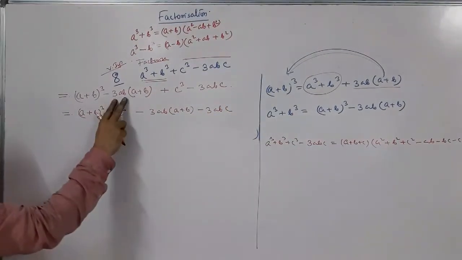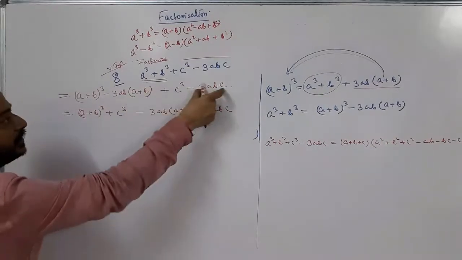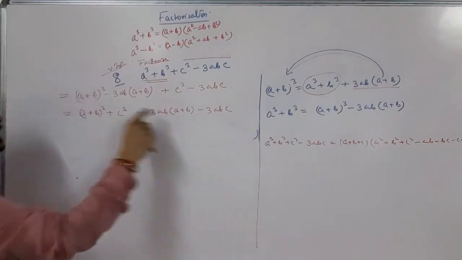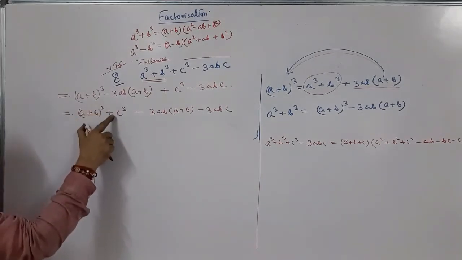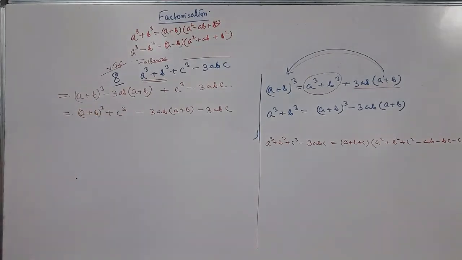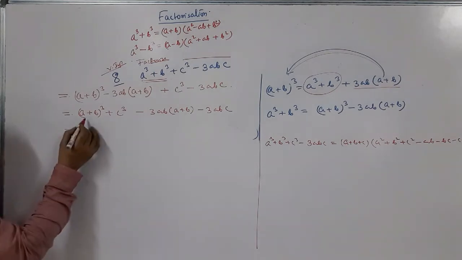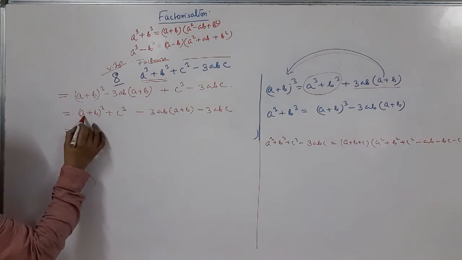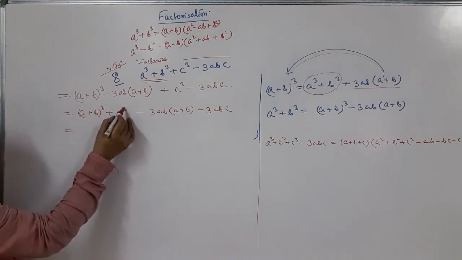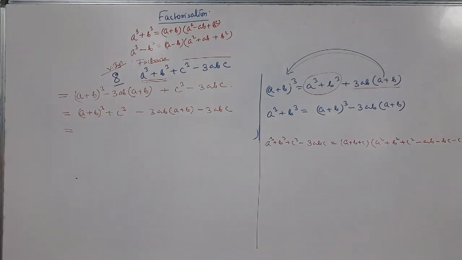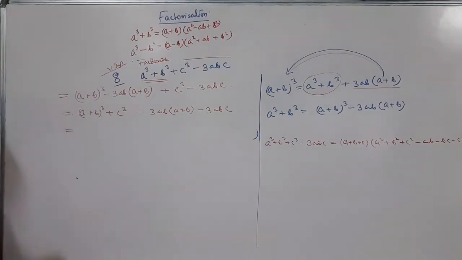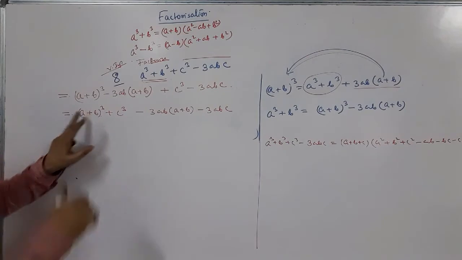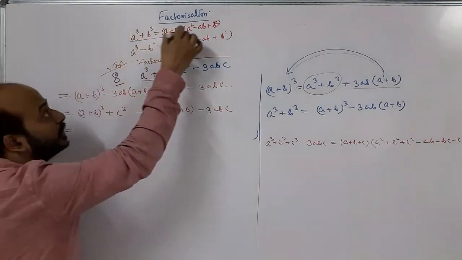What I have done, I have taken the terms containing 3 on one side and the cubes on one side. So this is a plus b whole cube and this is c cube. Now think of this one as a cube plus b cube, and here now use this formula.